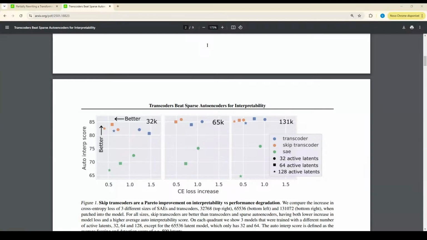for SAEs. There's other scoring methods that we don't do and other people have proposed, like generation, where you ask a model to generate text that should activate, and then you measure how much it activates.